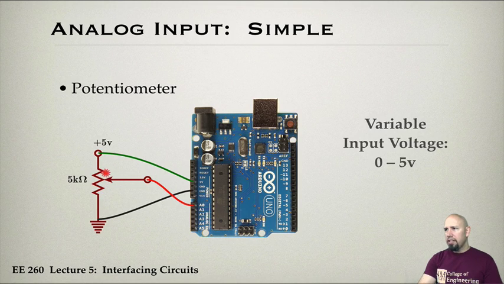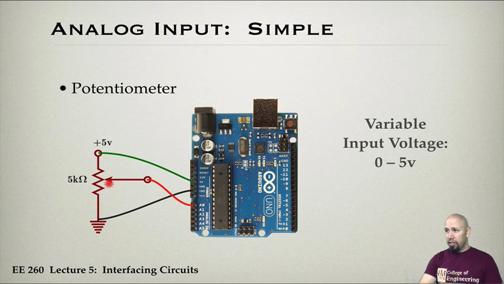Now, here we've hooked up the potentiometer to 5 volts and 0 volts. The 5 volts we get from the Arduino, and the ground we get from the Arduino, and then the wiper, when it is all the way up, we get 5 volts. When the wiper is all the way down, we get 0 volts. Because the analog input has very little loading, the resistance that is seen from here to ground is very large inside the Arduino.